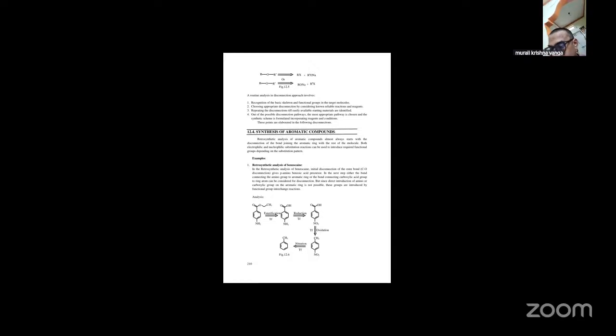Of aromatic compounds. Retrosynthesis of benzocaine. When benzocaine undergoes esterification transform, it is converted into para-aminobenzoic acid. This para-aminobenzoic acid undergoes reduction transform, then gives para-nitrobenzoic acid.